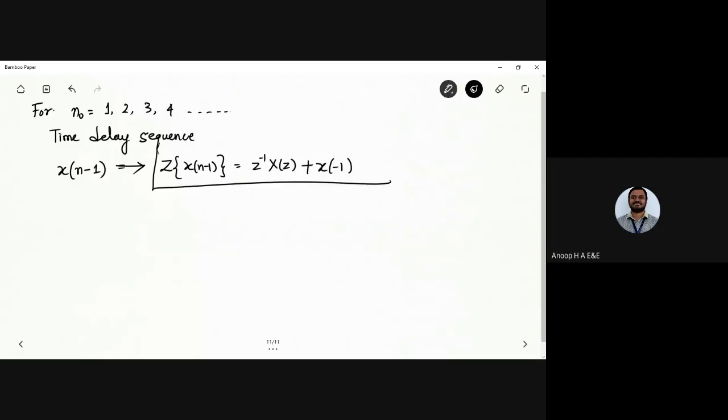So this is for x of n minus 1, with n naught equals 1.